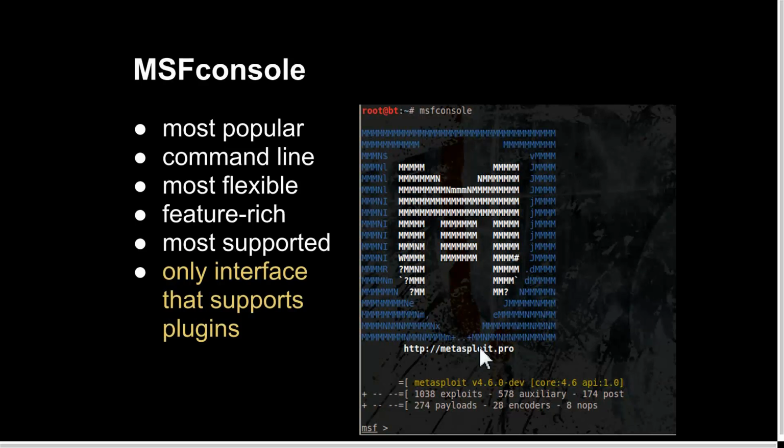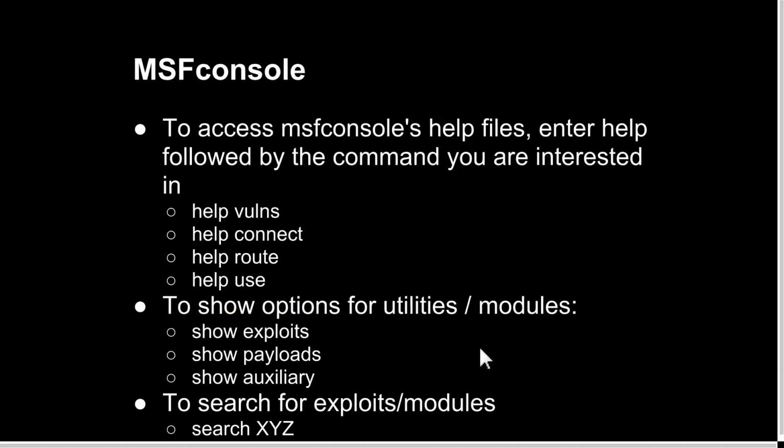Basically, it provides its own command line prompt to the Metasploit framework. It's also the most flexible and the most feature-rich. You can do 100% of the things that Metasploit can offer with this. It is also the most supported by developers and the community, and it's also the only interface that supports plugins, as far as I read on the Offensive Security wiki, I think.